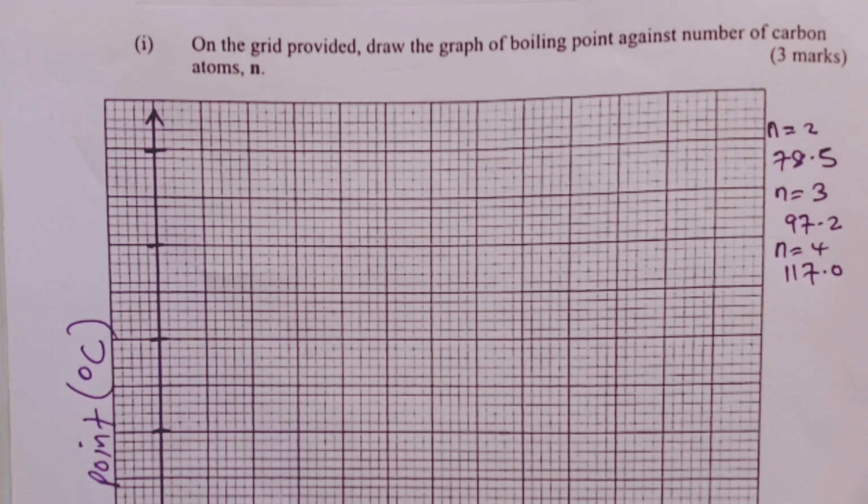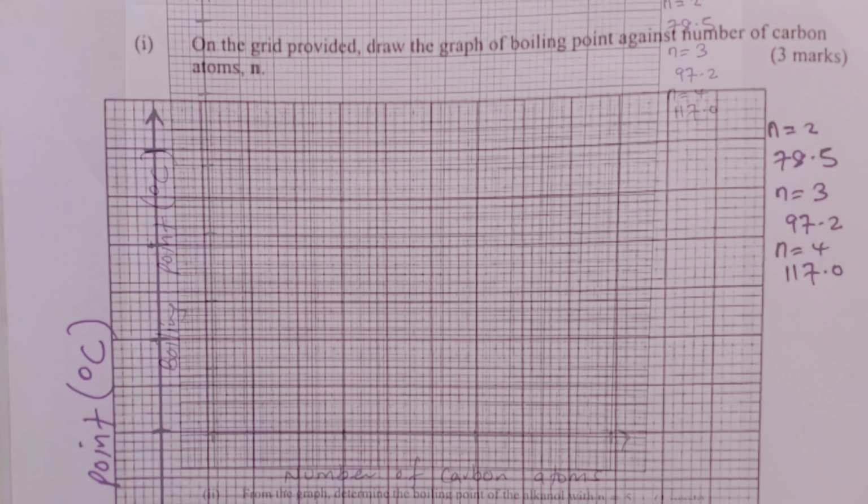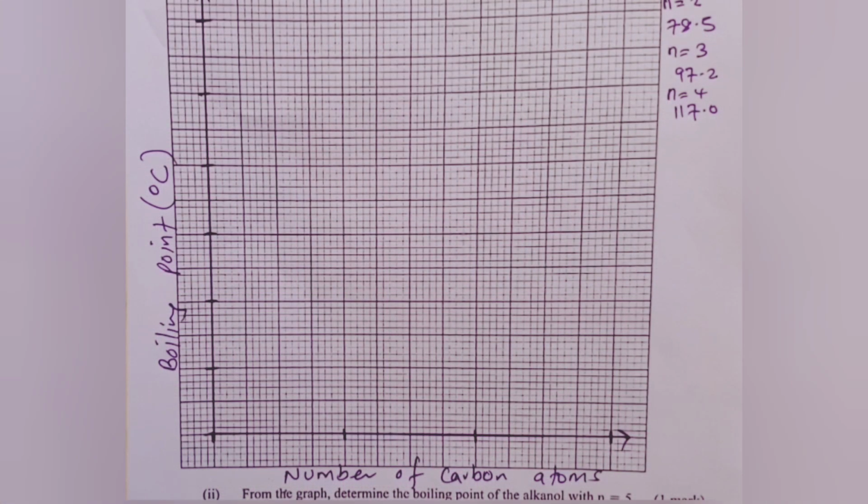For purposes of saving on time, I had earlier drawn the axis. So what we shall do next is just choose an appropriate scale. For us to score the mark on scale, there is this one rule that we borrow from maths, which states that the plotted points must cover more than half of the total area of the grid given.